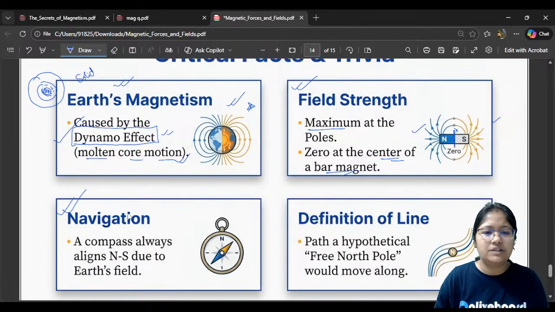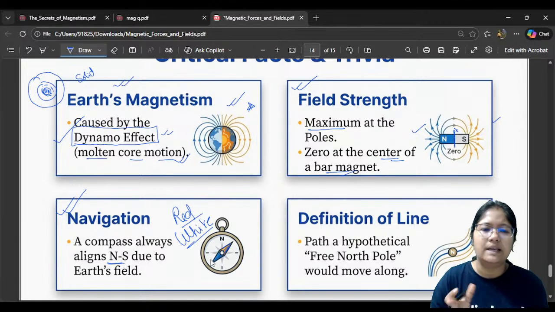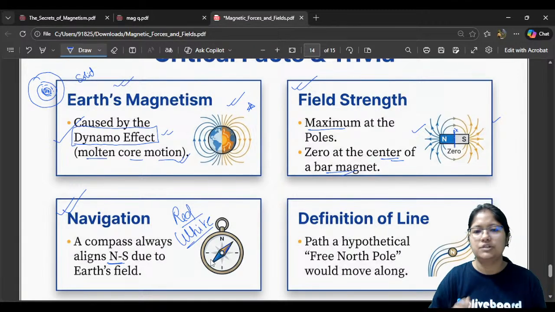Now for the navigation, the compass will always align in which direction? North-south direction. Often this north is either put in a red color or sometimes put in white color. So you are able to identify that this side of the compass needle is the north direction, and it will always align in the north-south direction.